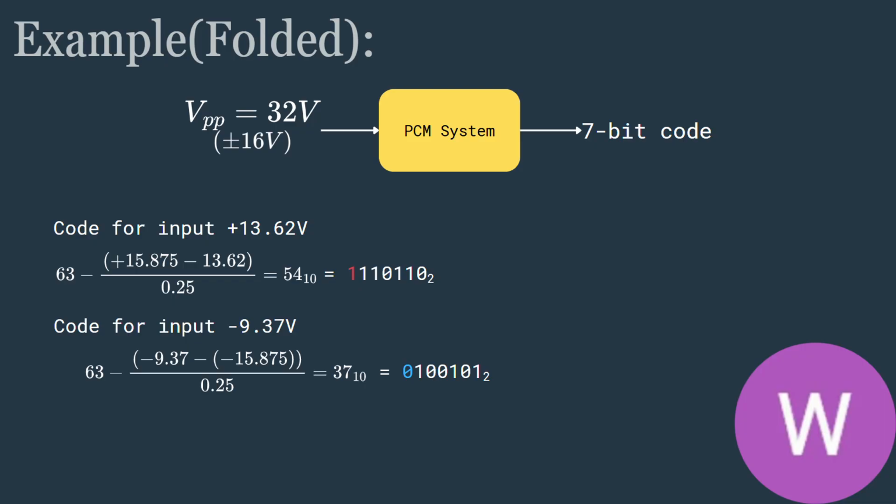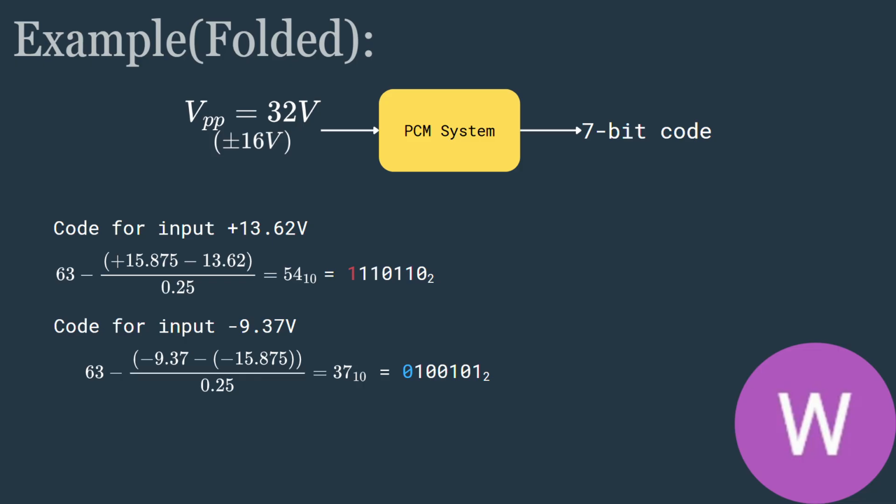Now there is another example, which is we want to find the code for the input negative 9.37. Same as before, if you remember, the formula is Z minus V minus VKL over quantization interval. Z is 63 minus the voltage negative 9.37 minus VKL negative 15.875 over 0.25 quantization interval.